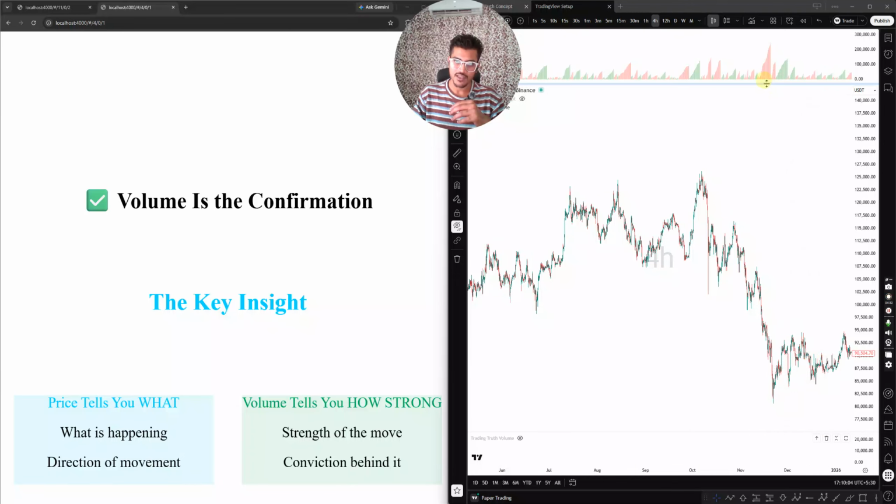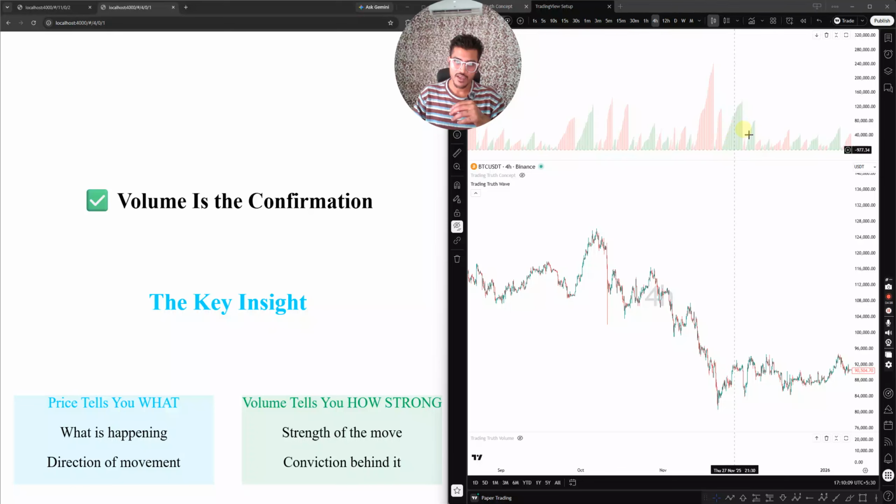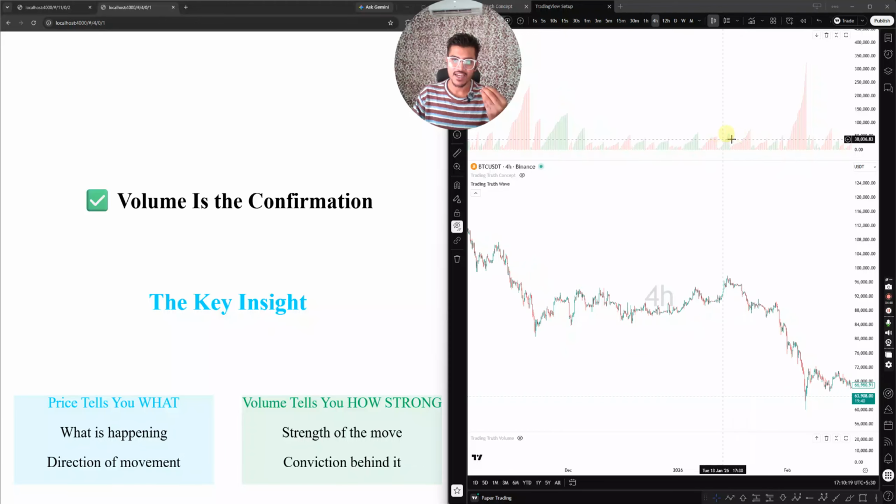Let me bring it down a little bit. If you see this and buy, believing the price might go up, then around here the wave of sellers started stepping in. This was the biggest wave since this time, and you see the market just dips down there.